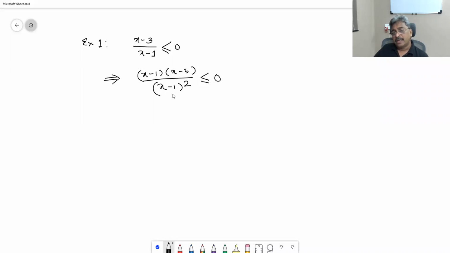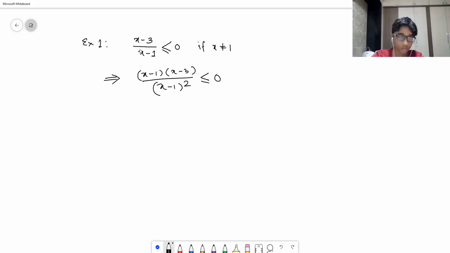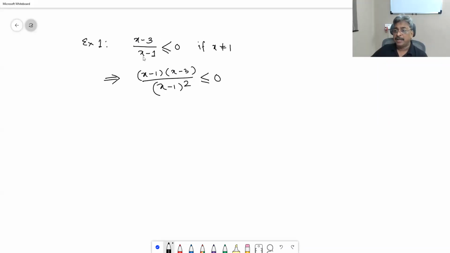Now, can the denominator be 0? No, the denominator cannot be 0, because even if it is not stated, it is understood by the question that x is not equal to 1. If the question is correct, x must not be equal to 1, otherwise it is undefined, it is not a correct mathematical problem.